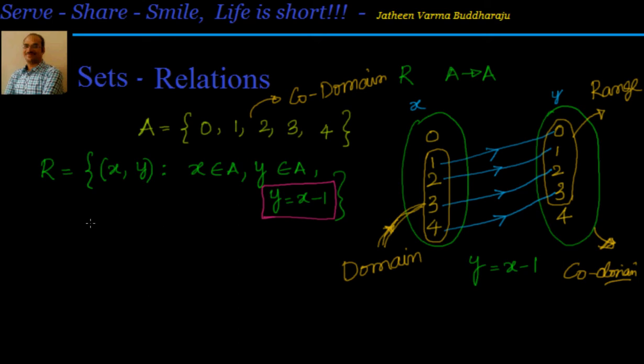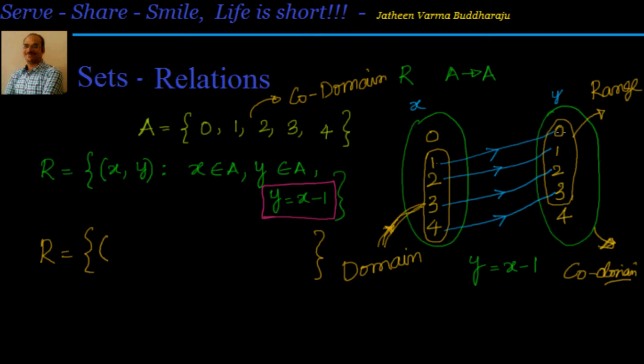Now how will I write this in roster form? I will say R equal to x comma y, x belongs to A, y belongs to A, y equal to x minus 1. This is set builder form. In roster form, how will I write it? The first element is from the domain and the second element is from the range, correspondingly as ordered pairs.